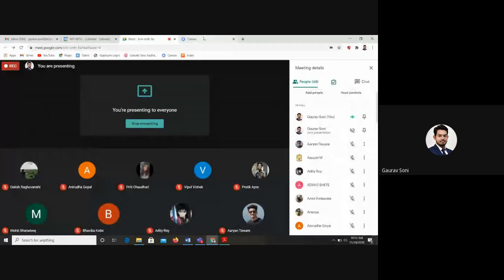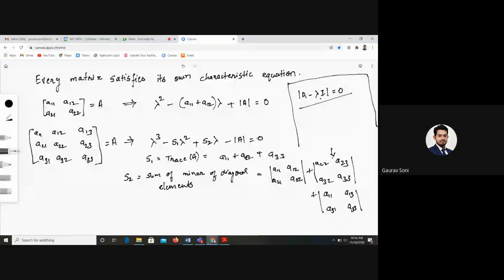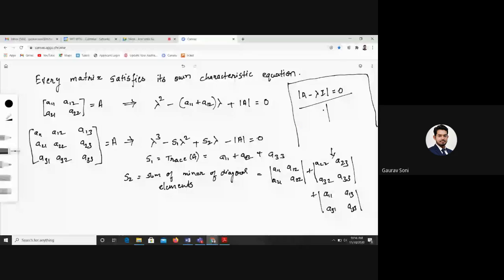Very good. So if you have an arbitrary matrix A, then the characteristic equation is given by determinant of A minus lambda I is equal to 0. If you have a matrix of any other order like 4, 5, 6, then we will have to solve this determinant and get the characteristic equation. But for the examples in our syllabus, we will have either 2 by 2 or 3 by 3.